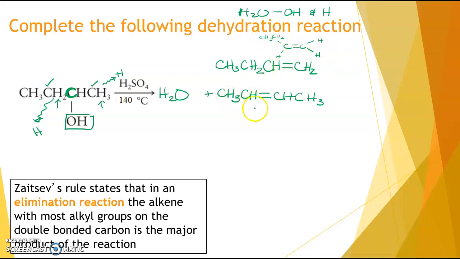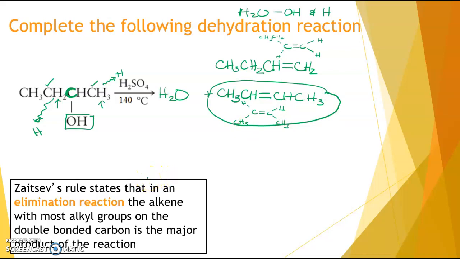But down here, if I wanted to redraw this, going this way, I have an alkyl group right there, and another alkyl group. So I actually have two alkyl groups here. So by Zaitsev's rule, I would predict that this would be my major product. It's going to be the one that is made in more abundance and is more stable.